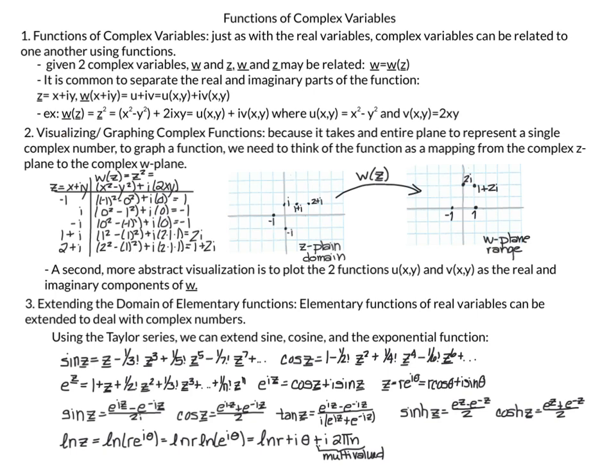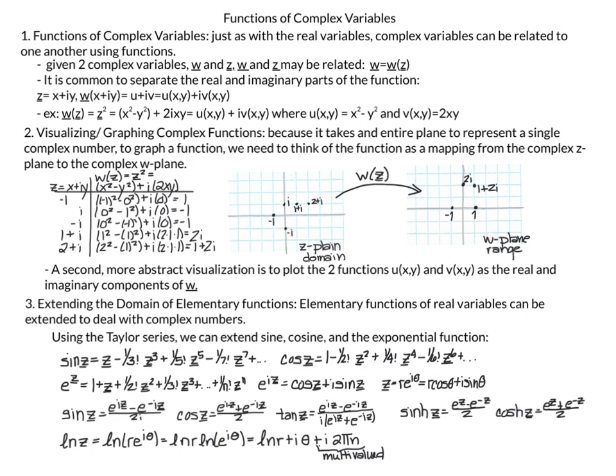We talked about visualizing or graphing complex functions. Because it takes the entire plane to represent a single complex number, we can't represent a function using one plane. So we need to think of a function as a mapping from one complex z-plane over here, the domain, to another complex w-plane, the range.